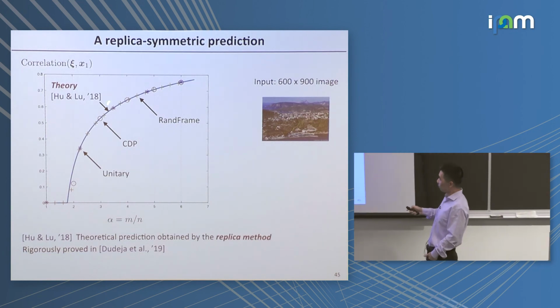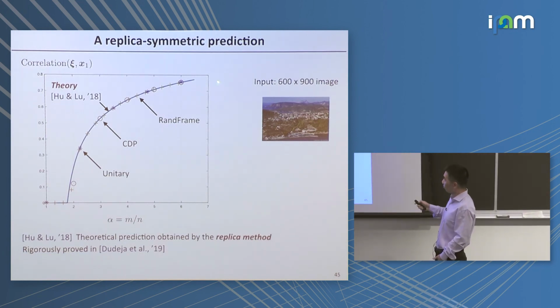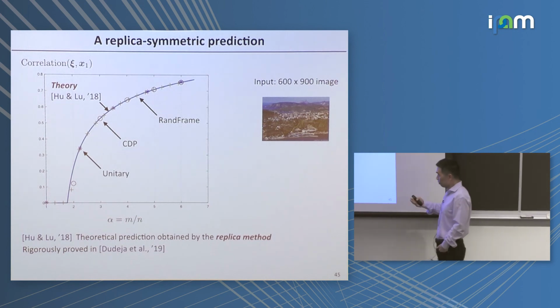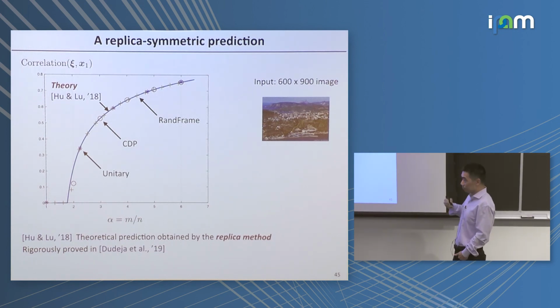We can see the blue line, the replica prediction, matches exactly with all these ensembles, including the CDP. Of course, that's not a mathematical proof, but from that we know we have a formula to predict the CDP. What is nice about this formula is that we can start thinking about what is the optimal preprocessing function that we can use for this kind of CDP.